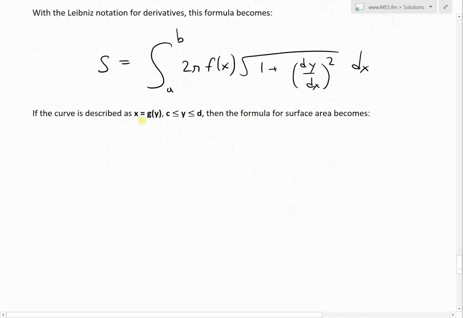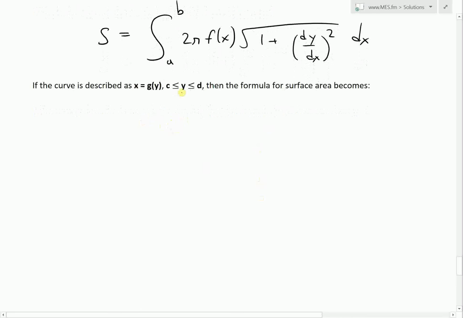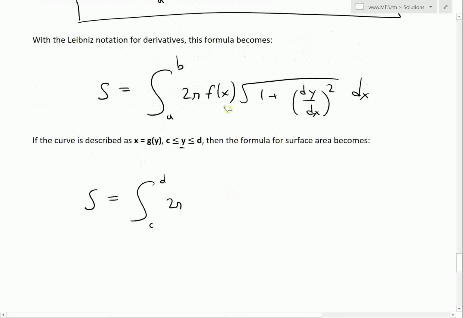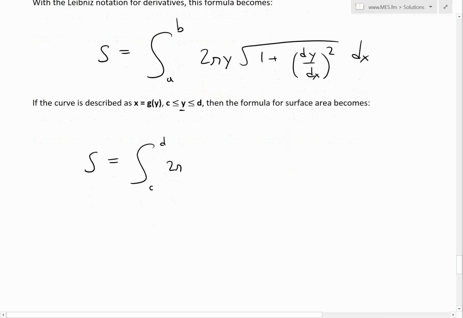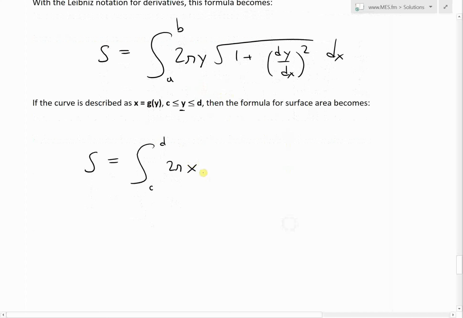Similarly, if instead of dealing with y equals f of x, we were dealing with x equals g of y, for the interval y greater than or equal to c and less than or equal to d, and this time rotating about the y-axis, the formula is the same but with dy dx flipped over. So the surface area would be the integral from c to d of 2 pi, and this would be 2 pi x, since x is our new function, the dependent variable on the independent variable y.